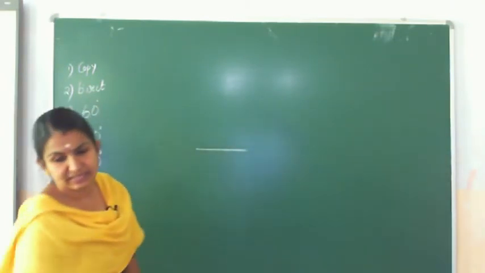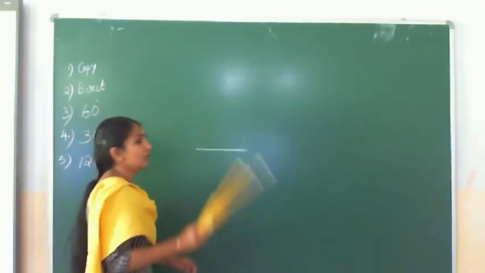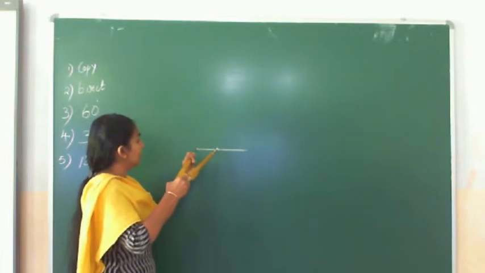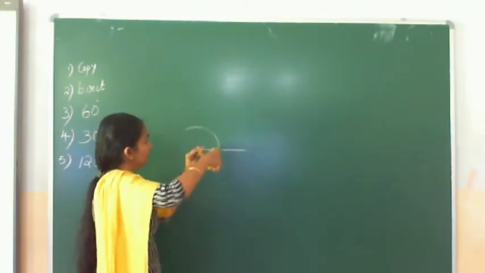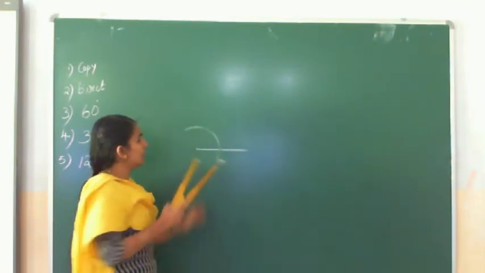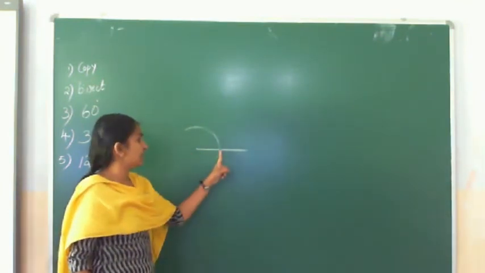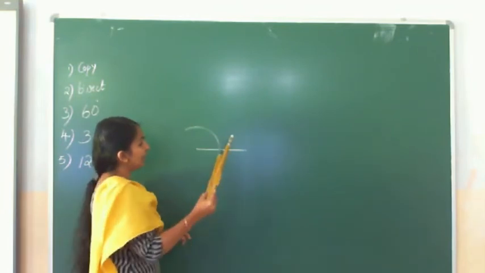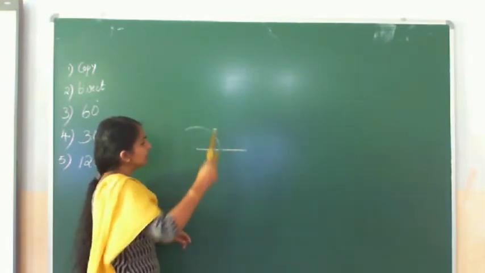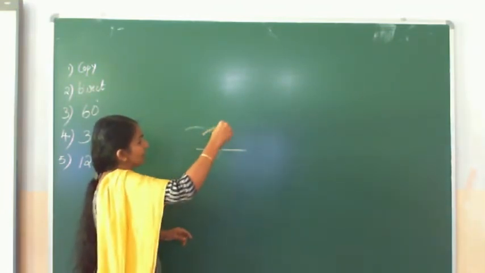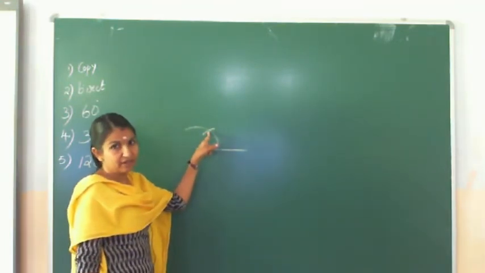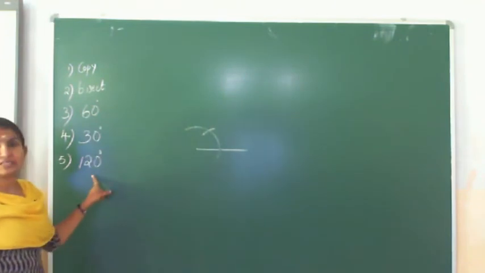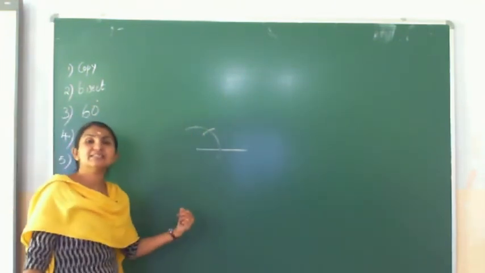After drawing the line segment, take our compass, any length, draw an arc. That arc meets this line segment in this point. There we have to keep our compass, cut this arc. This one is 60 degree. Actually we need 120. 60 plus 60 is 120.